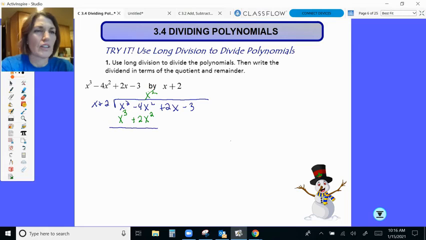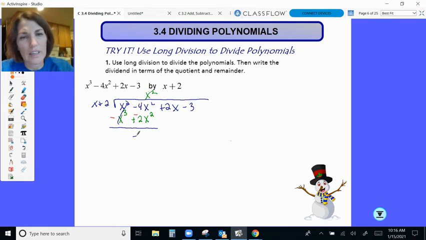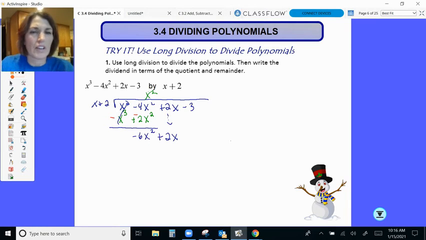And then I'm going to go ahead and change my signs to subtract, and then I can add those. So that goes to 0, and this becomes negative 6x squared. Bring this down, plus 2x. And we're going to start all over again. What times x gives me negative 6x squared?